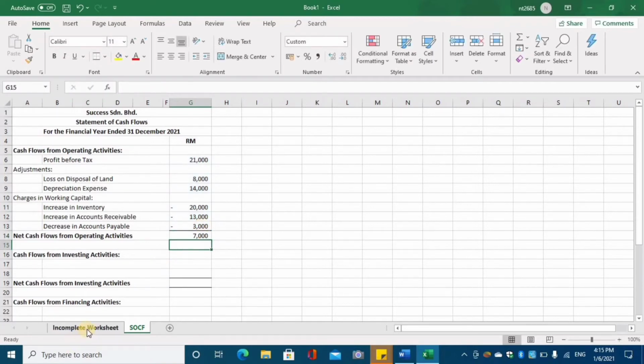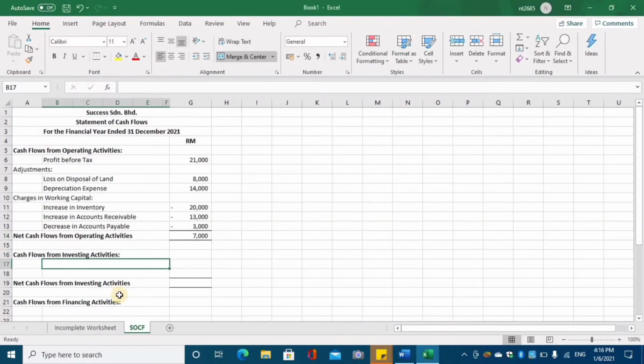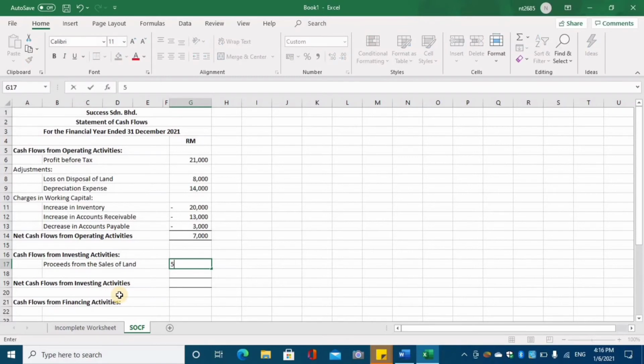Cash flow from investing activities. Investing activities that we mentioned in the question, land which originally cost 60,000 was sold. So we already have a disposal of land. So here investing activity, proceeds from the sales of land, 52,000.